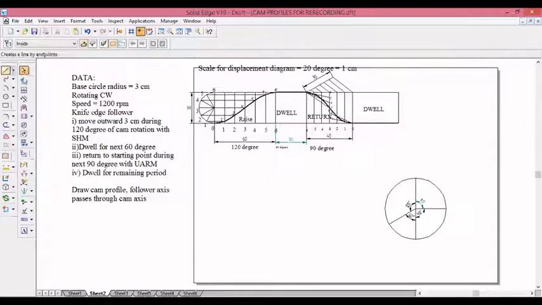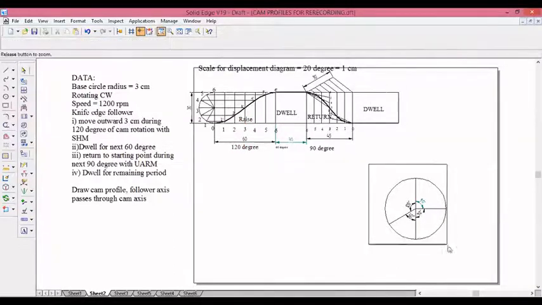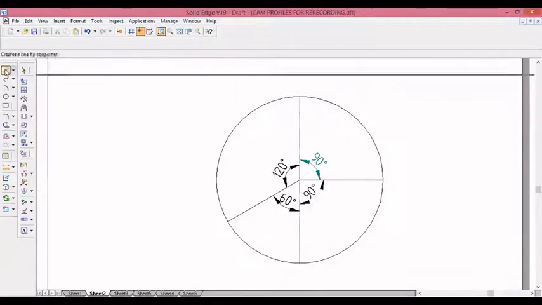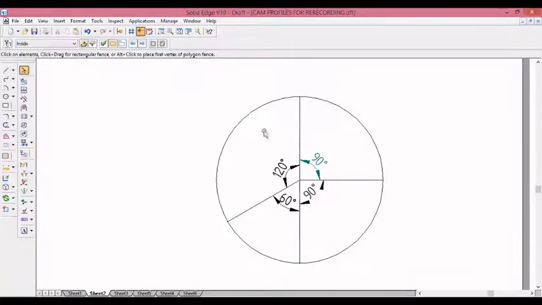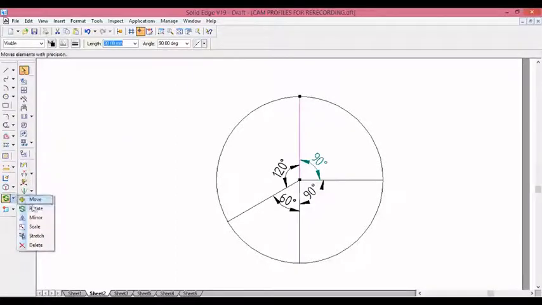Now we need to divide this cam angle also into equal parts. For a rise 120 degree, we divided into 6 equal parts. So now in cam angle also we need to divide into 6 equal parts. I'll consider this 120 degree, divide this into 6 equal parts.